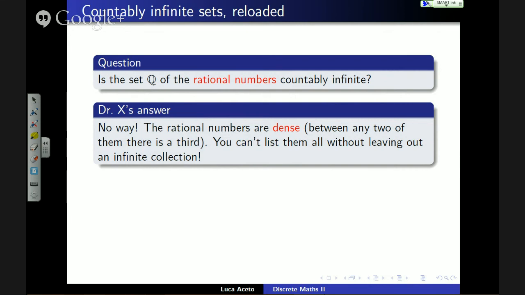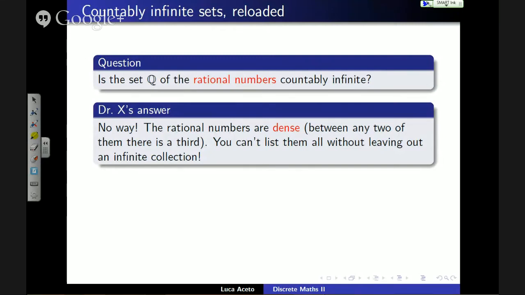And now a good question that we can ask ourselves, given the topic of today's lecture at least, is, well, is this set countably infinite? Can the rationals be put in a one-to-one, bijective correspondence with the natural numbers?